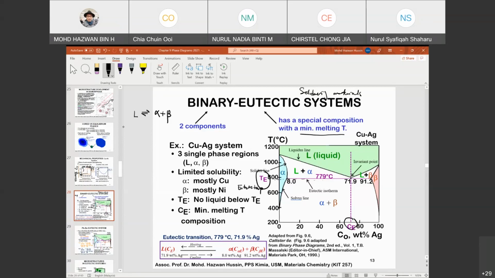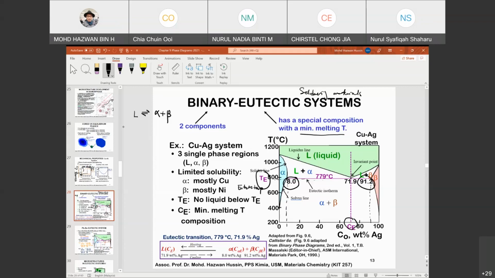the intersection, and the composition of eutectic is equal to 71.9 for copper silver. And over here, for the eutectic line, you will see that it overlaps with the solidus line of alpha at 8%. Meanwhile, the other end of the eutectic line overlaps with the solidus line of beta at 91.2.